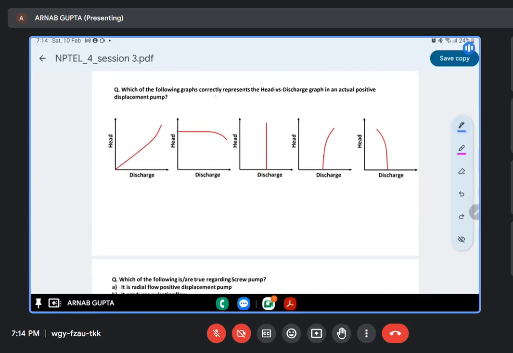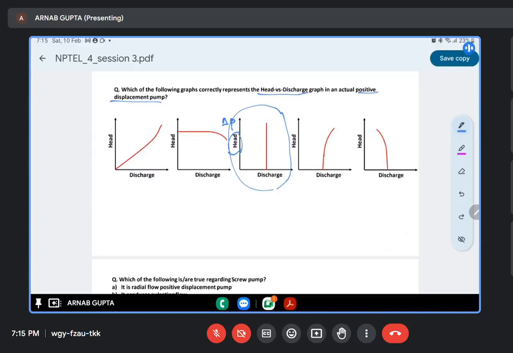Which of the following graphs correctly represents the head versus discharge graph in an actual positive displacement pump? By the way, this head is nothing but the delta P. It is generally represented in the dimensions of length scale, that is meter.